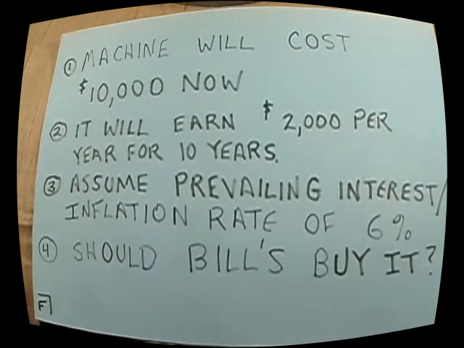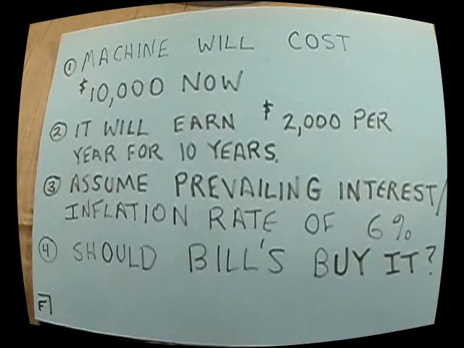The machine will cost $10,000 right now. So there won't be any reason to look at present or future value of that. $10,000 now is $10,000. But the thing that's going to require the time value of money concept is that this machine will earn $2,000 per year for 10 years.